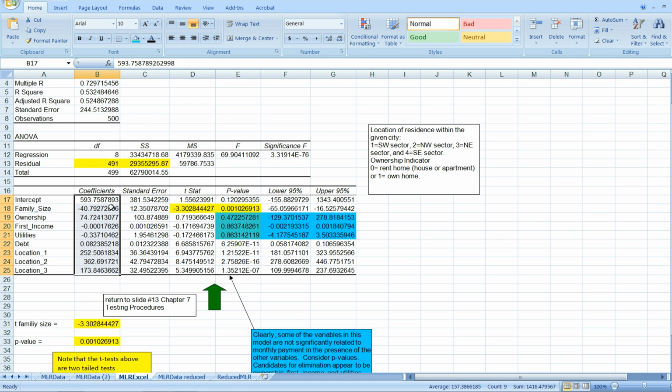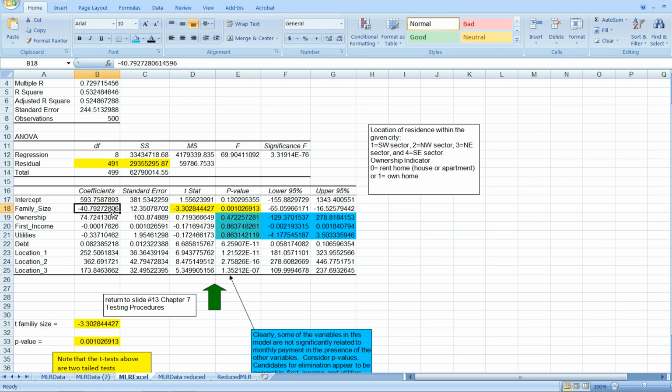You'll notice that here's the estimate for the regression parameter associated with these 8 variables in our model. Let's look at family size. B1, if you will, is minus 40.79. And the standard error associated with B1 is 12.3.